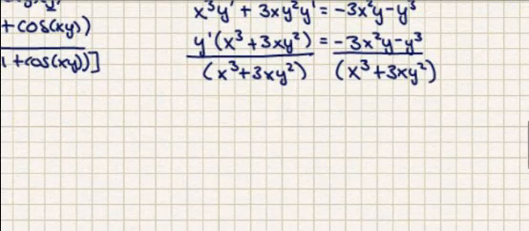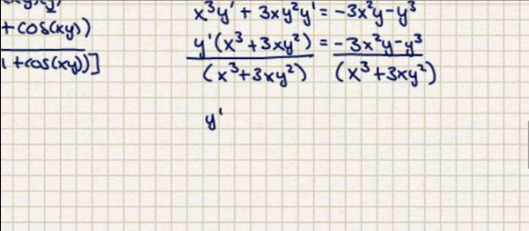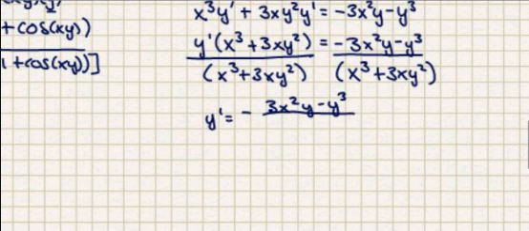Okay, so now you're left with y prime equals negative 3x squared y minus y cubed over x cubed plus 3xy squared.